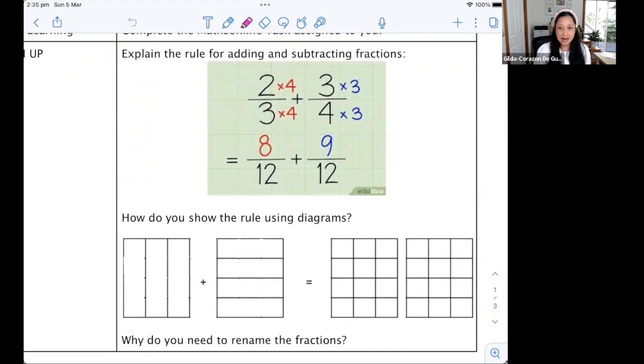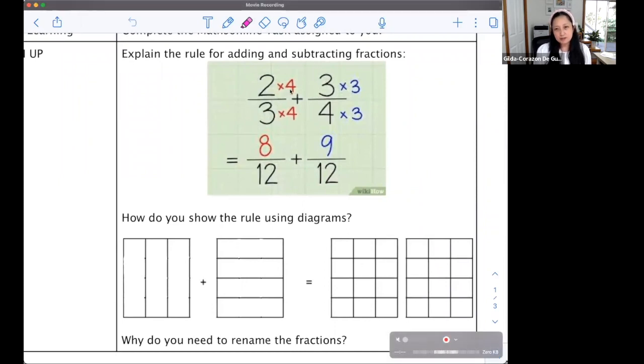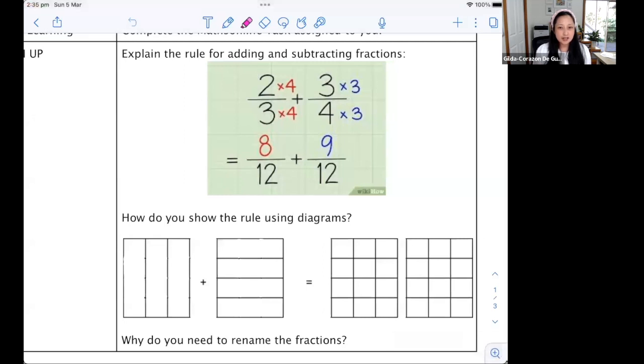We want to add 2/3 and 3/4. And it says here, you have there times by 4, times by 4, here times by 3, times by 3. Why do we do that? And therefore end up with 8/12 adding to 9/12. Maybe I'll leave that for you to answer.